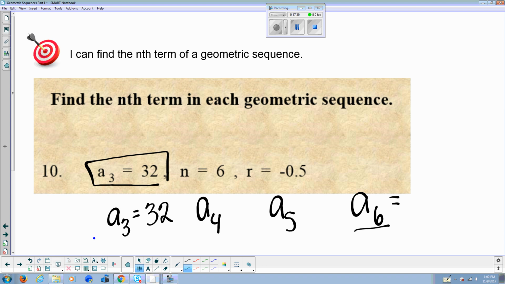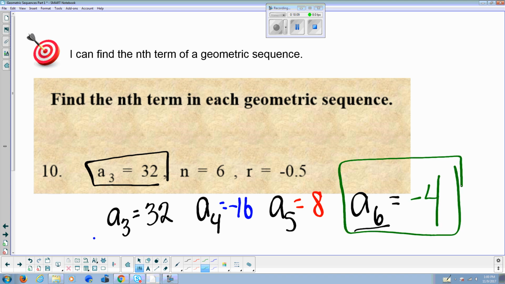So if the common ratio is negative 0.5, 32 times negative 0.5 would give me negative 16 for A4. And negative 16 times negative 0.5 would give me positive 8 for A5. And 8 times negative 0.5 would give me negative 4 for A6.